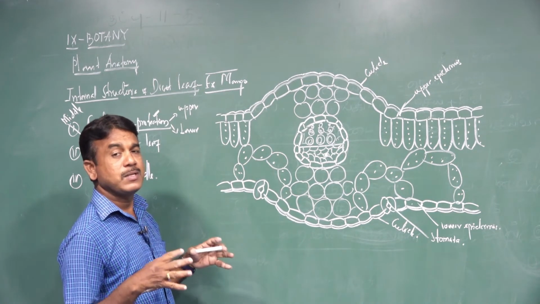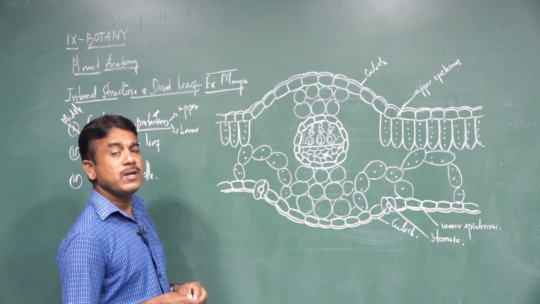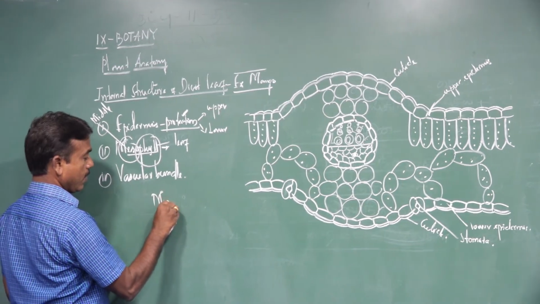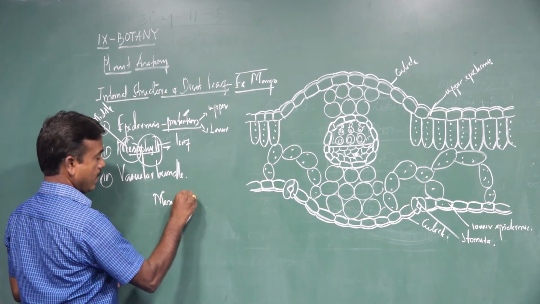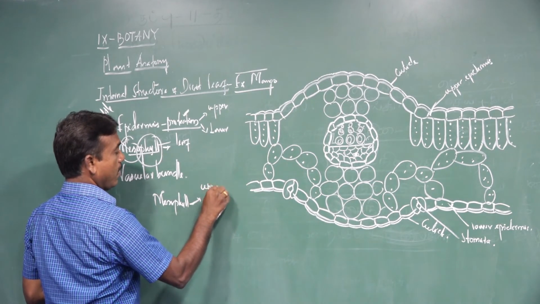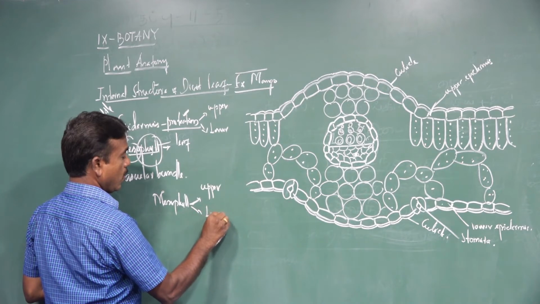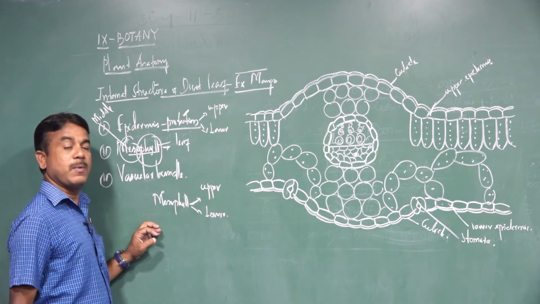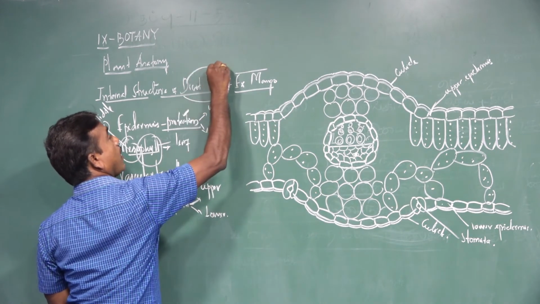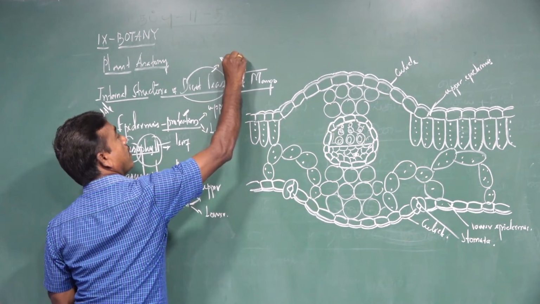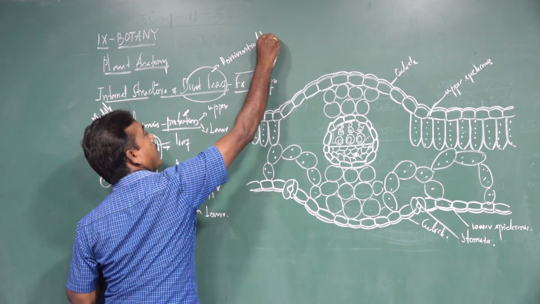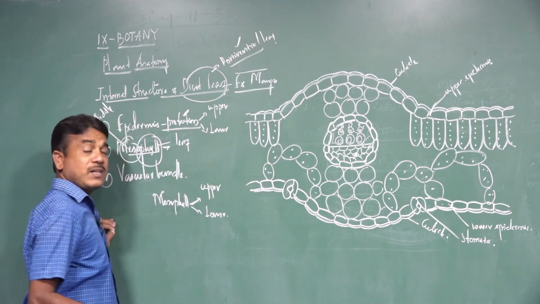Based on its components, the mesophyll can be classified into two types, namely upper palisade parenchyma and lower spongy parenchyma. That's why we say the dicot leaf is also called a dorsiventral leaf. What is dorsiventral?